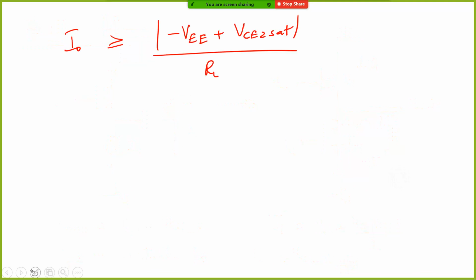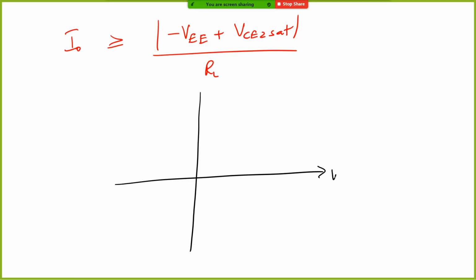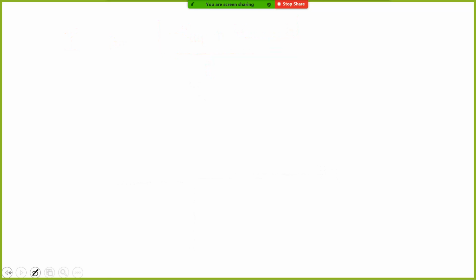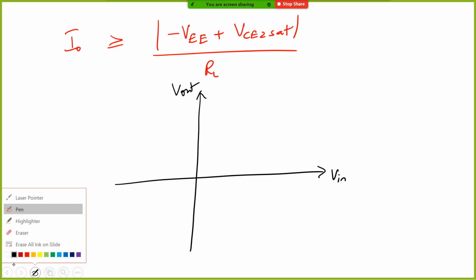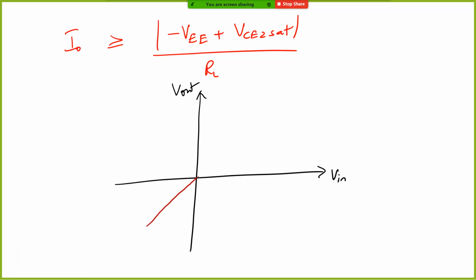So you can draw the transfer curve. Let's say this is your Vin and this is your Vout. Let me use another color. It is going to be something like this, the max being VCC minus VCE sat.